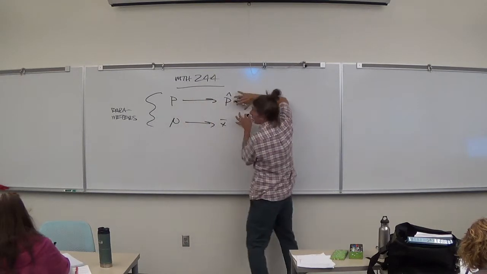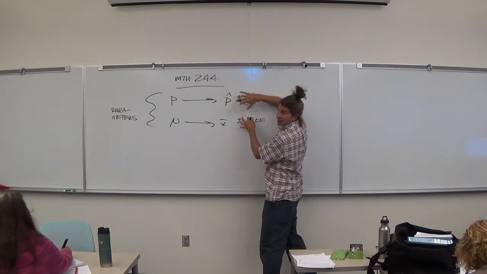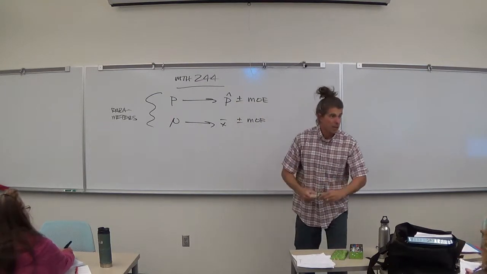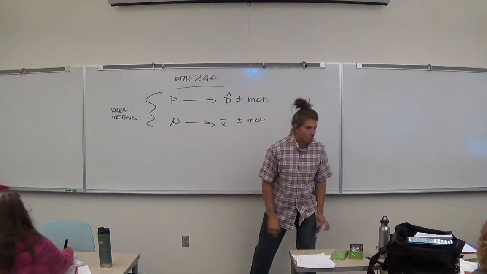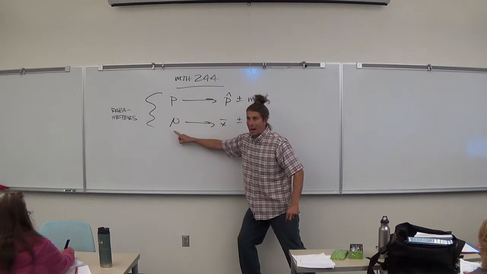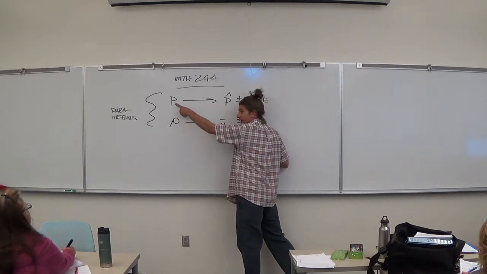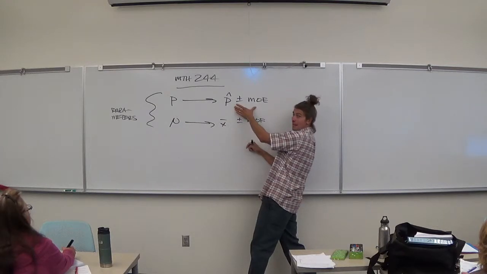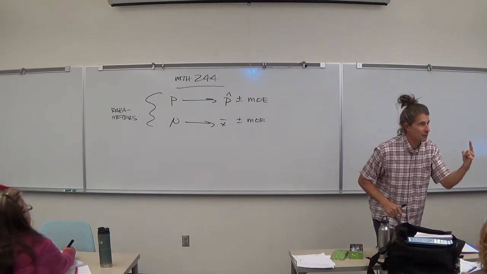Because this by itself, how close are you going to be here? When I say close, think mathematically close. Is that going to equal that? Exactly? No. No closeness to speak of. Is this most likely going to be within here? Yes. That's why we need confidence intervals.